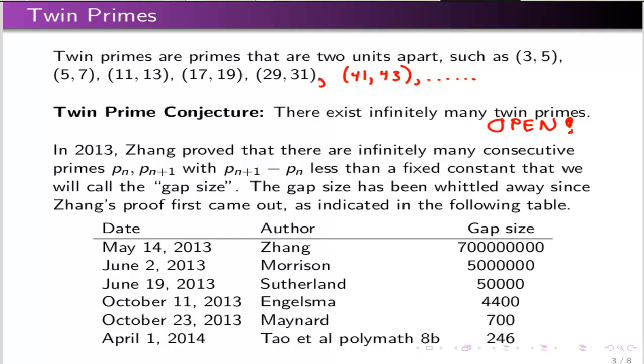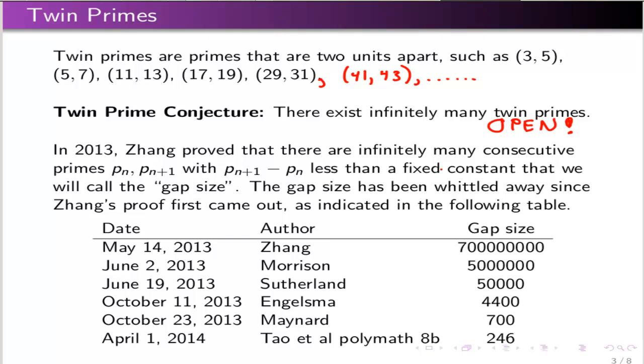but there has been some recent progress. So just a couple of years ago, Zhang proved that there are, in fact, infinitely many consecutive primes, p sub n and p sub n plus 1, such that the gap between them is less than a fixed constant.